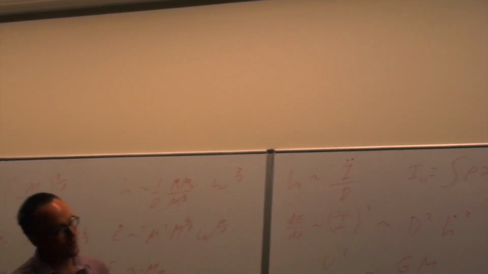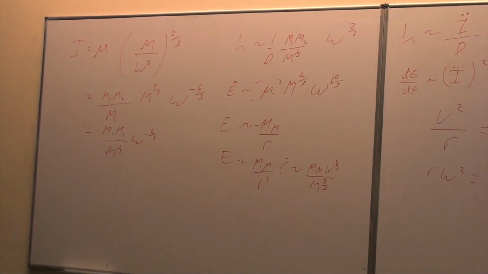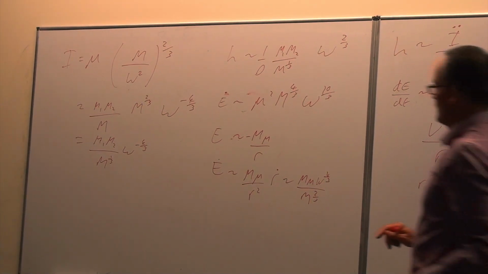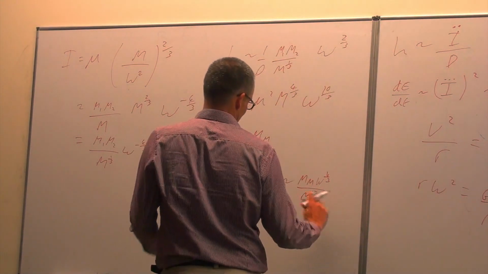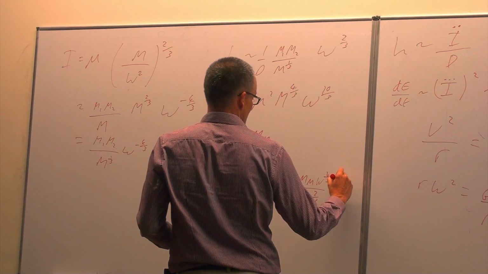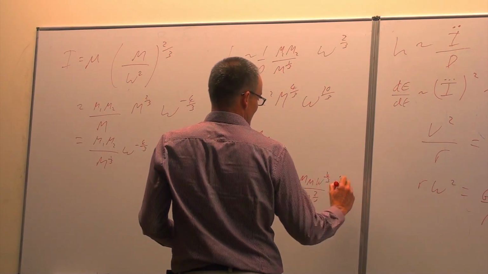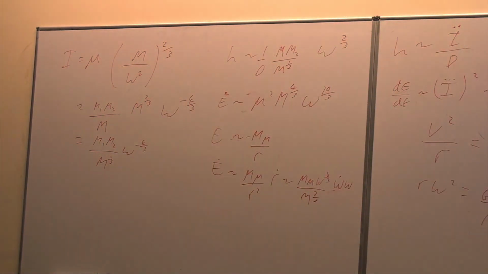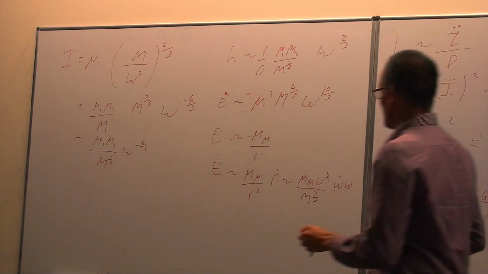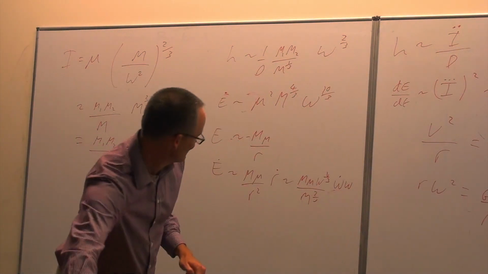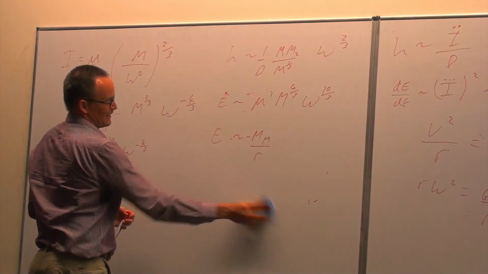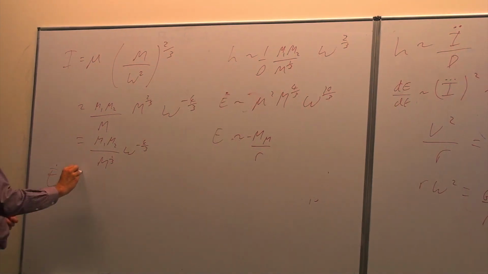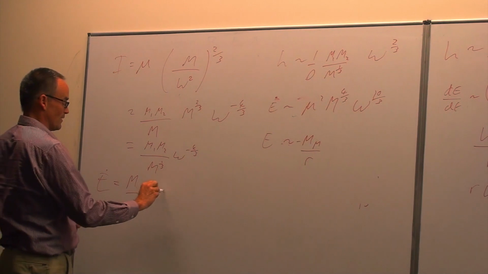And then r dot, well, you differentiate this, you have omega dot is equal to 1 over m over r to the 4th r dot. And so r dot is, running out of space, omega dot times r to the 4th over m. So we'll do all this over here. Okay, so we have E dot is m mu over r squared r dot.